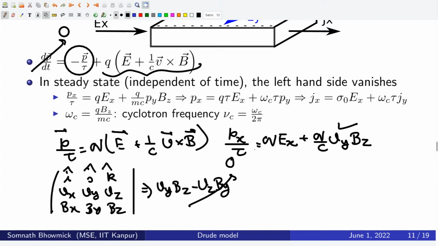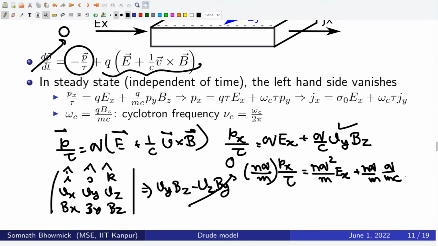Now, if we take this equation and multiply both the sides by nq by m. So thus we have nq by m, p_x by tau is equal to nq squared by m E_x plus nq by m, q by mc, p_y B_z.